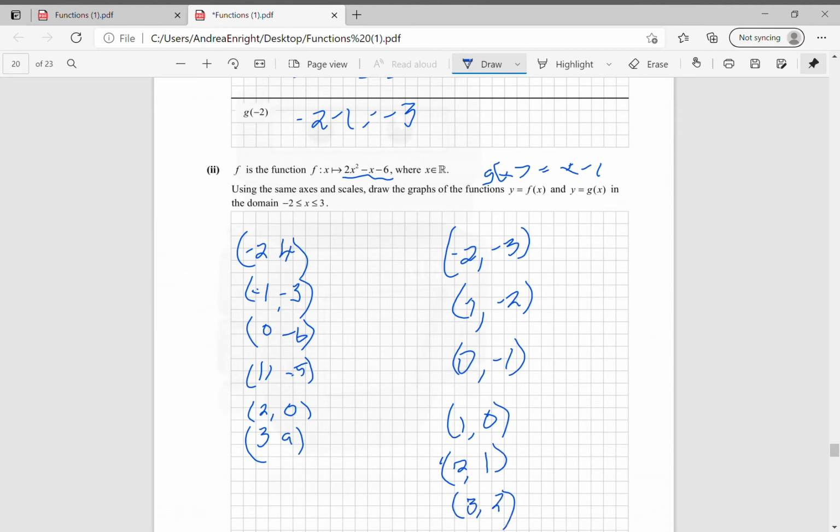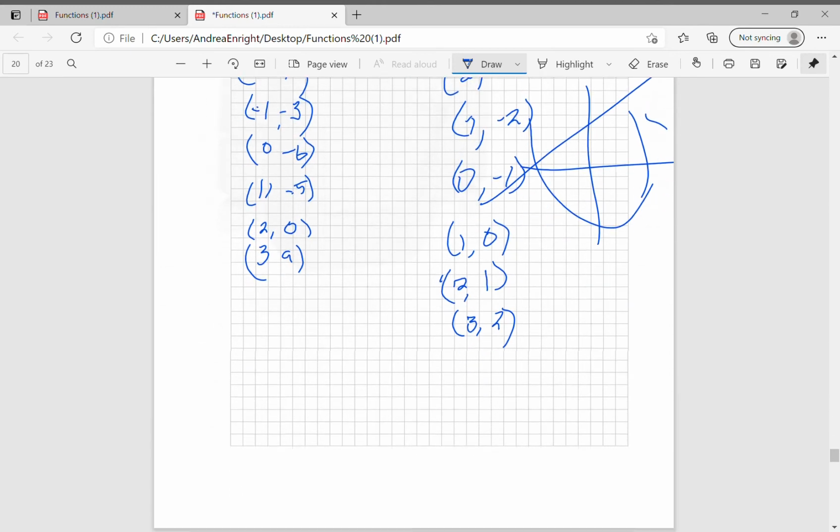Okay, so then you get your x and y axis and you draw this one, whatever it looks like. And then you'll draw this one and it'll be your line, right? Okay, now I haven't drawn them accurately, but I'm presuming that bit's okay.